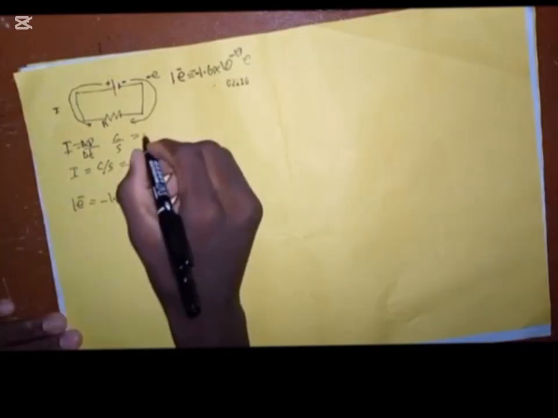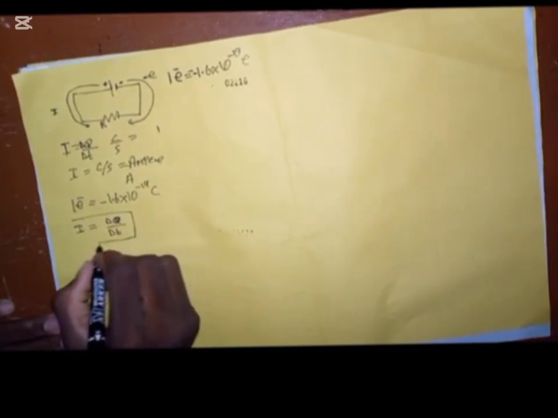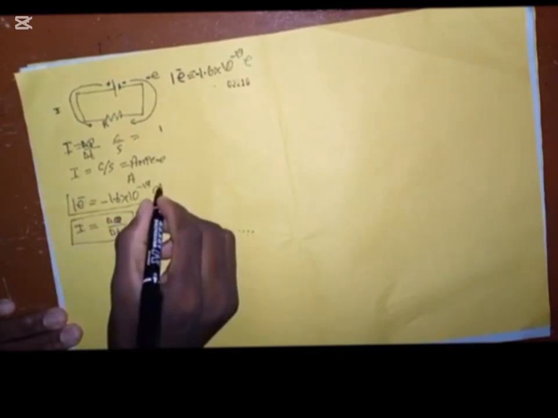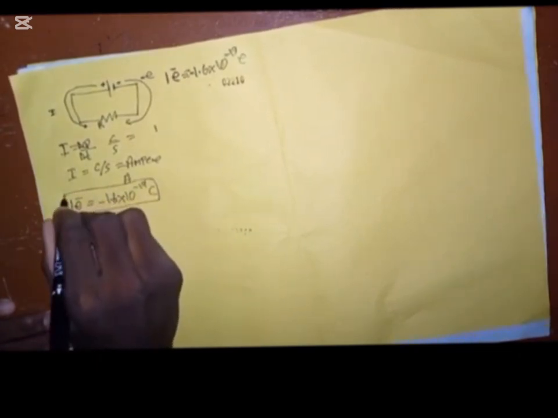For electric current, I is equal to change in Q, measured in coulombs, divided by change in time. That's our current, and this is our value for the electron. Maybe we can use them for solving some problems.